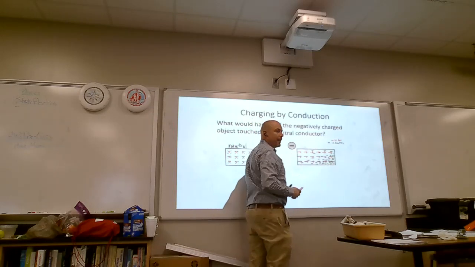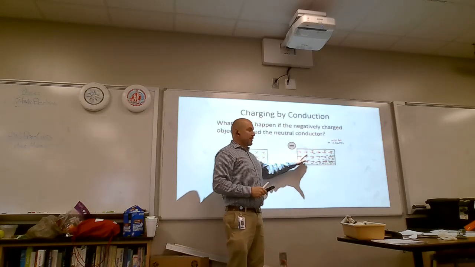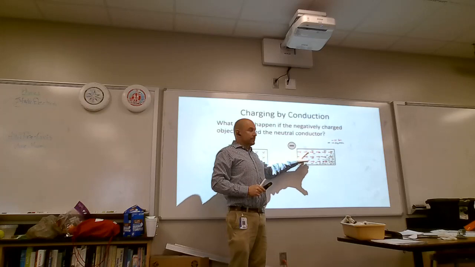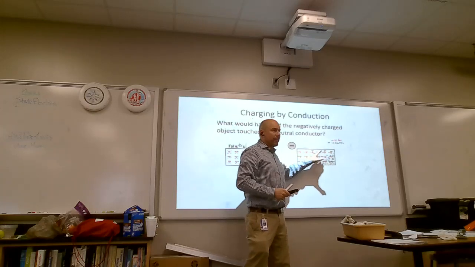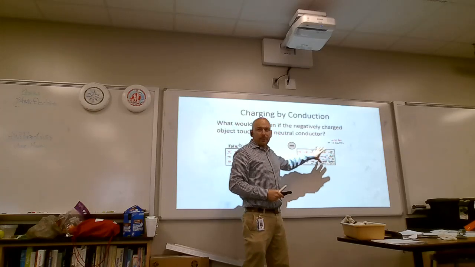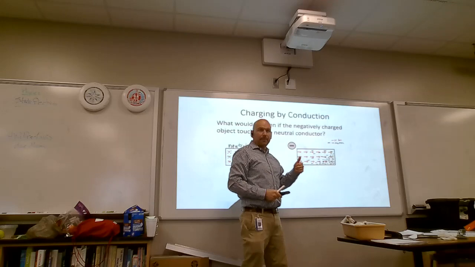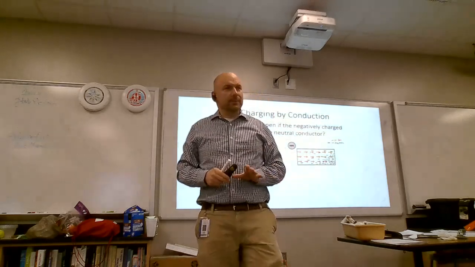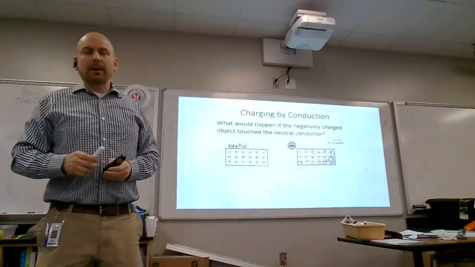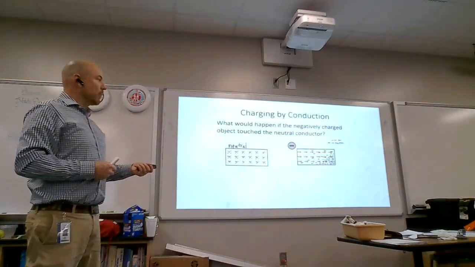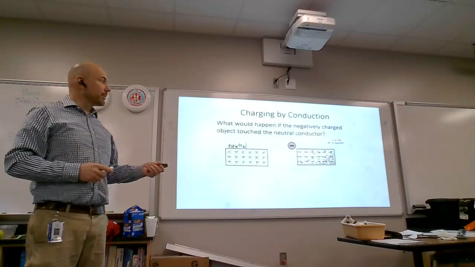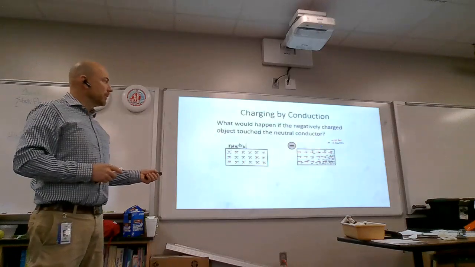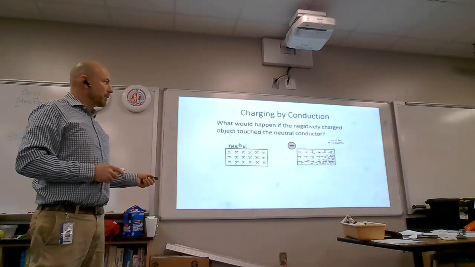Inside the conductor, the electrons respond. They're repelled to the far side of the conductor. Good with that? So far, we have not charged by conduction. We've just caused it to polarize. This piece of metal is still neutral because you have the same number of electrons as protons.